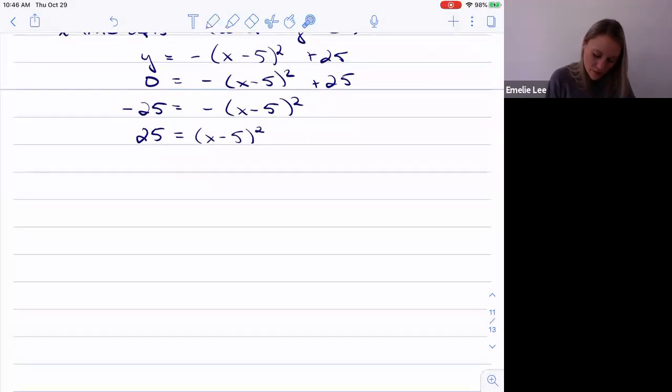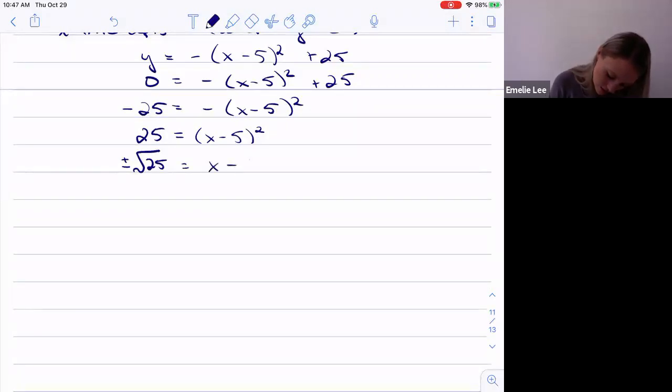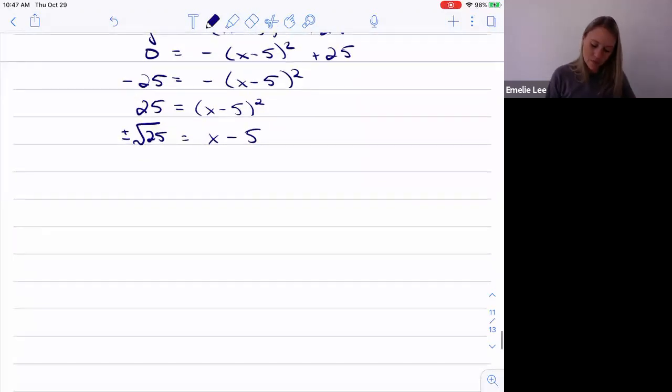Take the square root of both sides. Once we take the square root, we have to take the plus or minus of the square root. So x minus 5 is either plus the root of 25, which is 5, or negative root 25, which is negative 5.